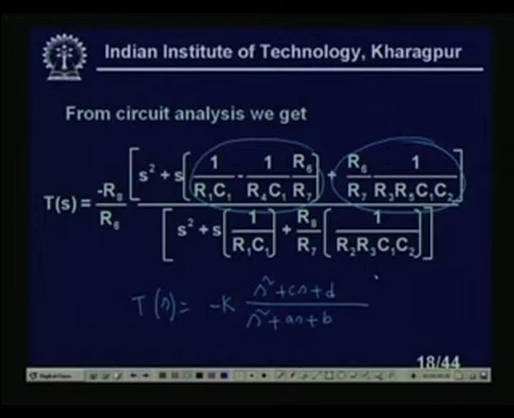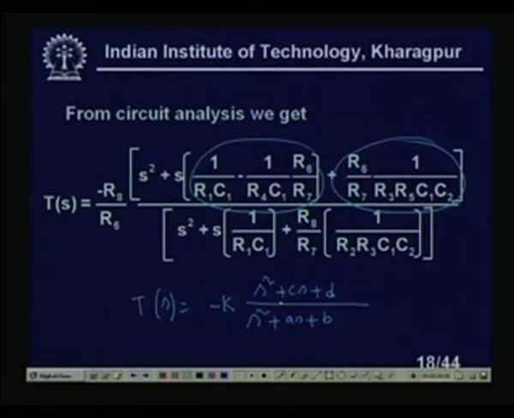Only problem, if you look at the numerator, you see here we have a subtractive term as a coefficient of S. The problem with this subtractive term is that we are making this coefficient 0 by signal subtraction, right.